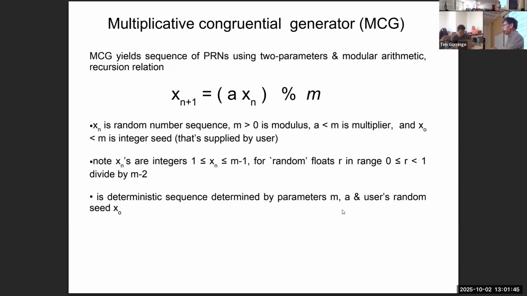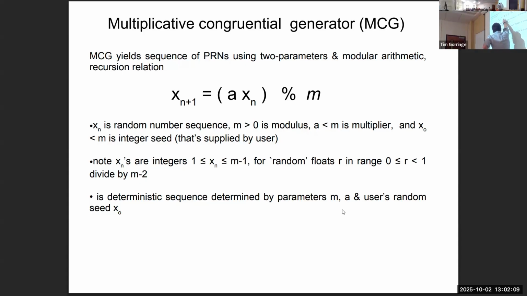We've met these recursion relations before, in the linear map and the logistic map for rabbit populations and rabbit survival and so forth. So this is another recursion relation, but this is a linear one.